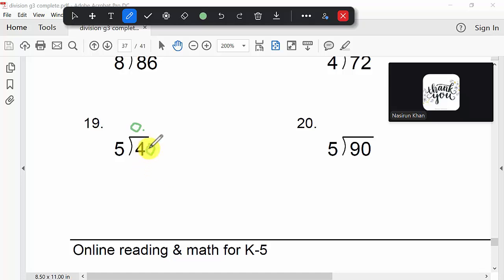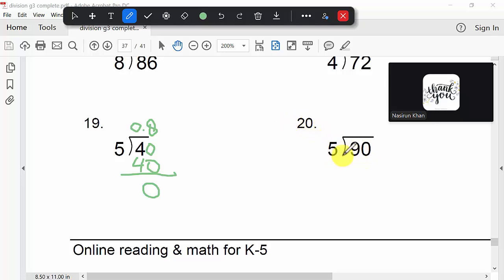So now 40 divided by 5 is 8, right? So 8 times 5 is 40. So this one is 0. So this one is the last. If this one is not 0, we later can add again, because we already put 0 over here. We can add a number.